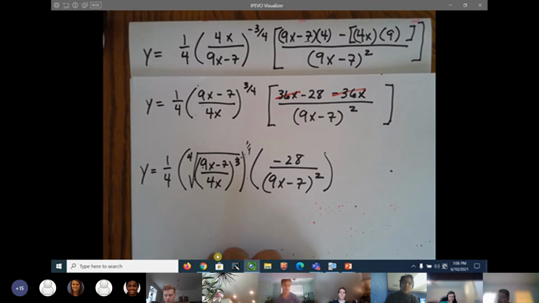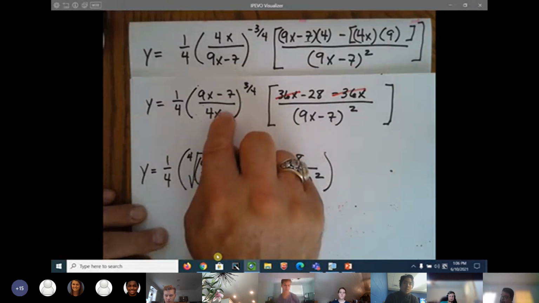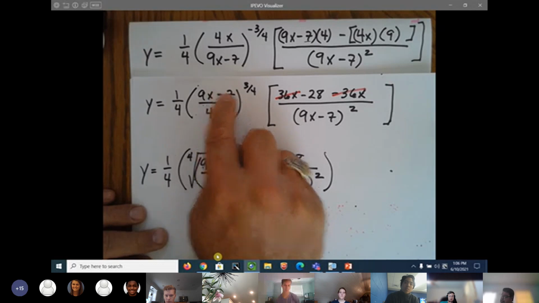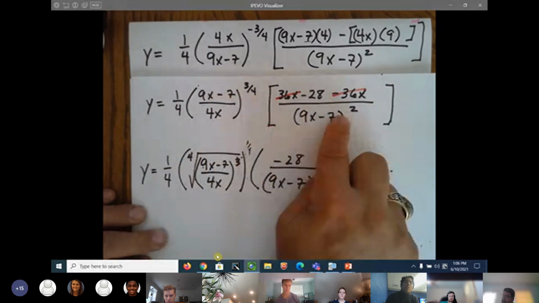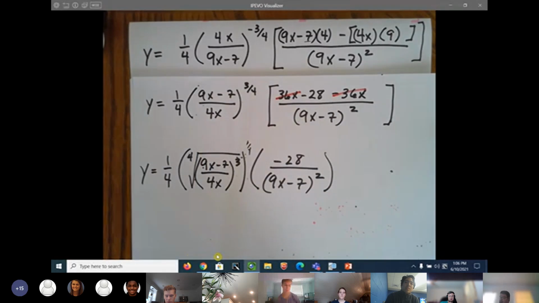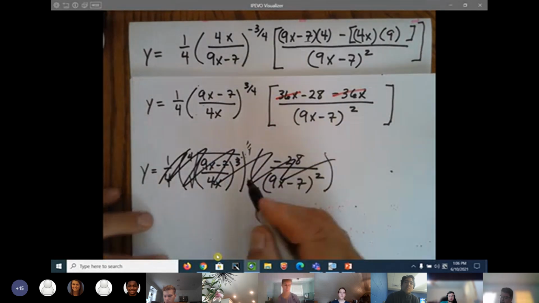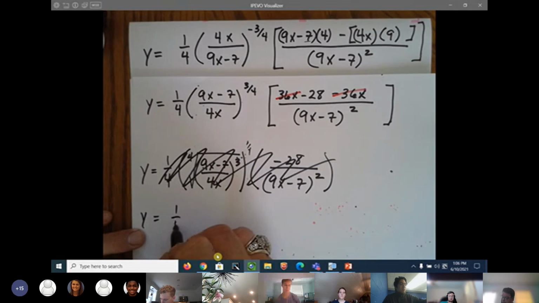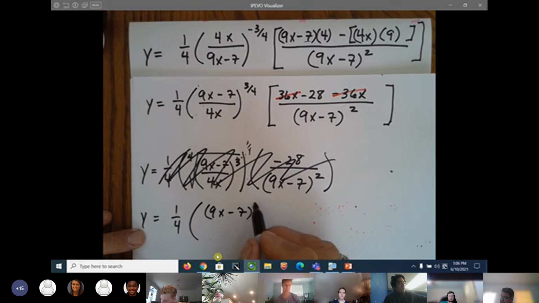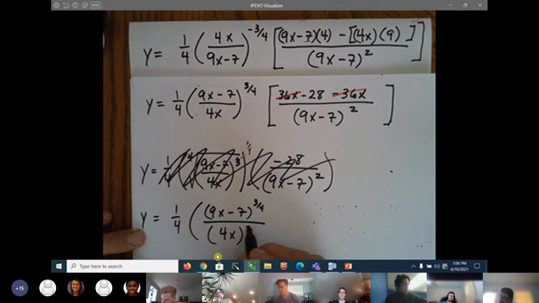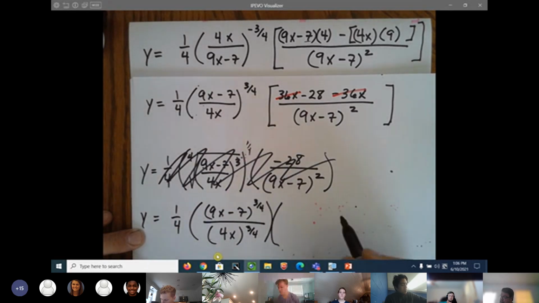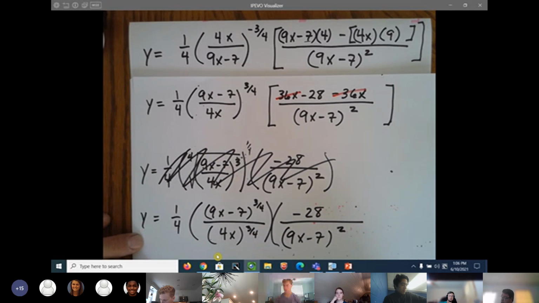All right, this is what I'm going to do. I'm going to raise this to the 3/4 and raise this to the 3/4, and then I can cancel these two right here. So y is equal to 1/4 times 9x minus 7 to the 3/4 over 4x to the 3/4 times negative 28 over 9x minus 7 to the 2nd power.